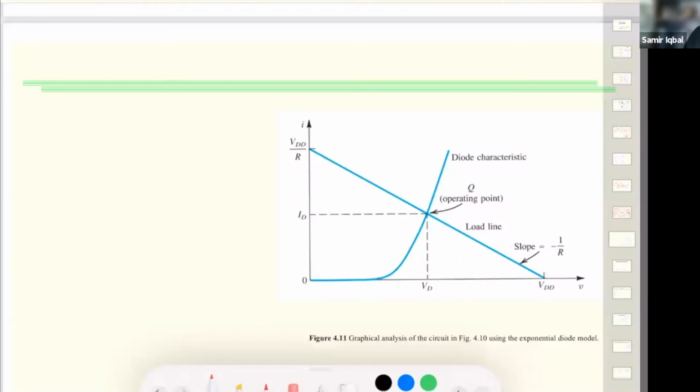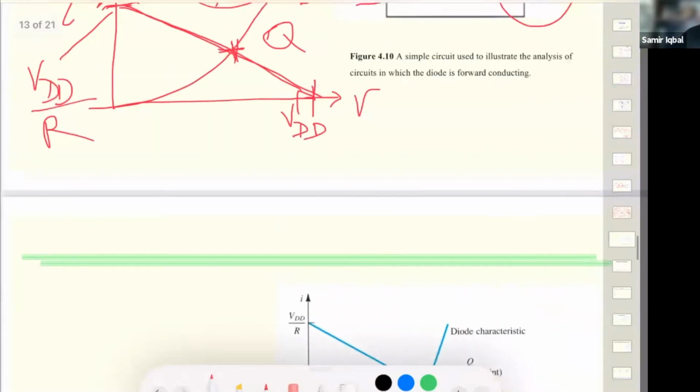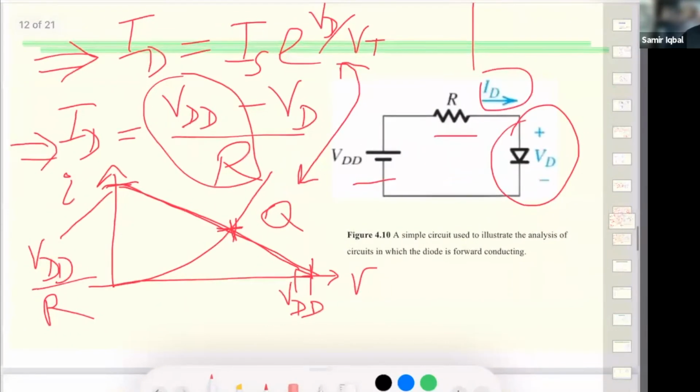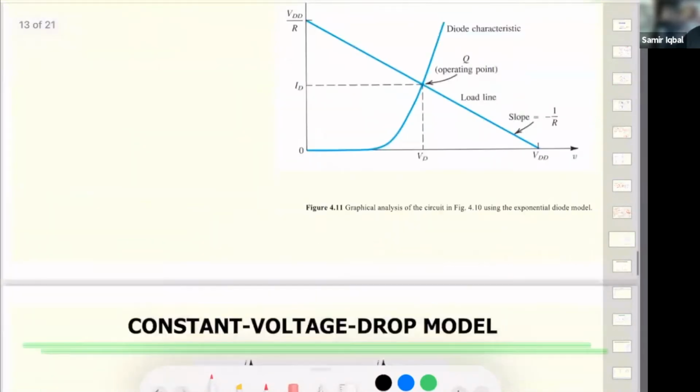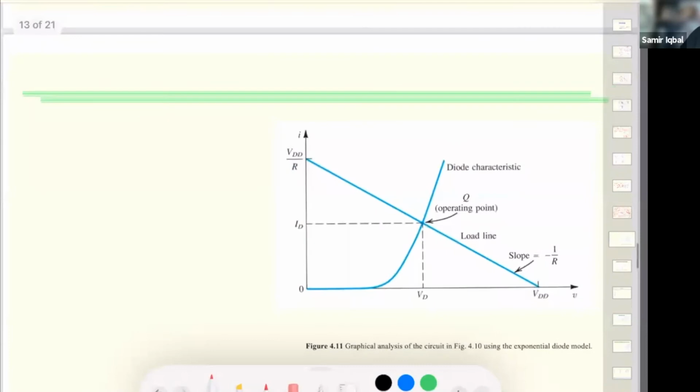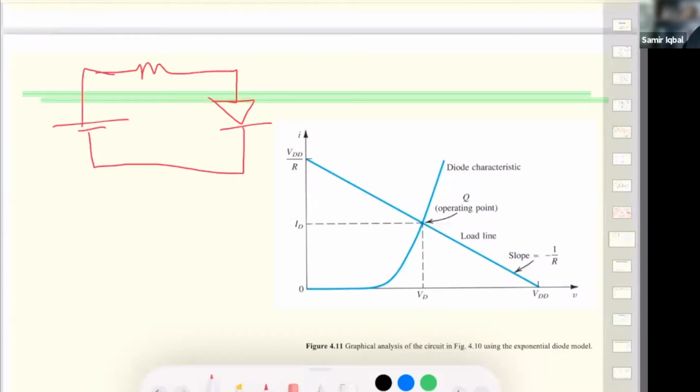All right, it says determine the diode current and the diode voltage for the circuit 4.10, which is what we just saw, this same guy. Let me plot it here. Just a simple circuit where we show a resistance, we draw a diode, and we have a power supply.